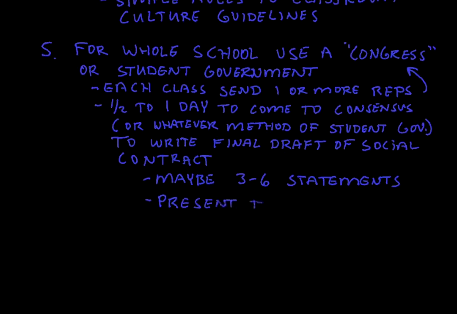So then this is presented to the school or back to the class, and everybody can see that, okay, here are the 6 things that we agree to, and they vary every year. Again, from the mundane, we'll be on time, to very philosophical, we will endeavor to support each other's creative expression. I've seen students come up with a social contract like that.